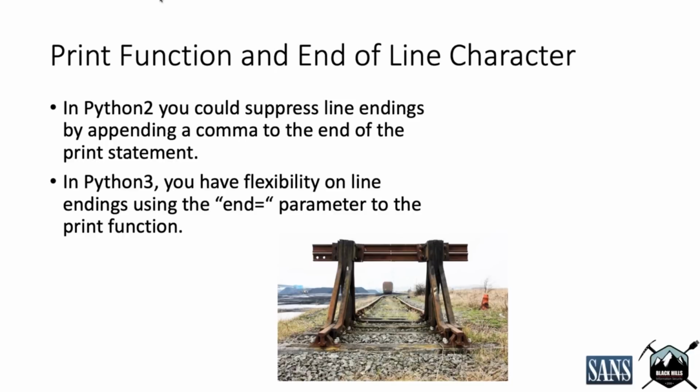So if we say end equals and then double quotes together, for example, or maybe end equals and a single space between the quotes, that means the end of line character for a print is now going to be whatever we specify inside of those quotes, either the space or the comma or even just nothing. By default, the end character is always going to be the line feed with a normal print statement, so you don't need to specify it when you're expecting just a line feed on the end of line.